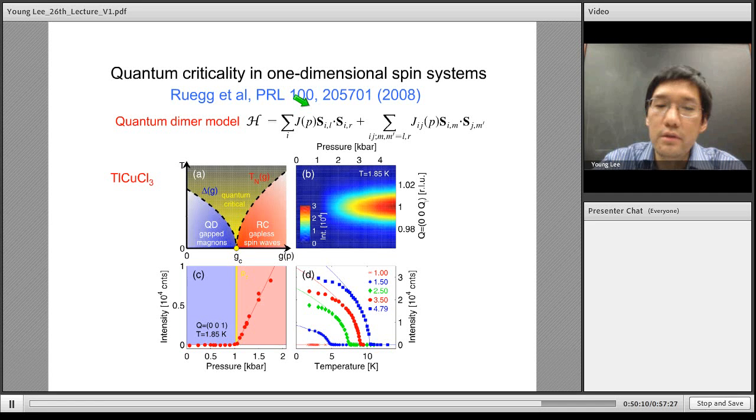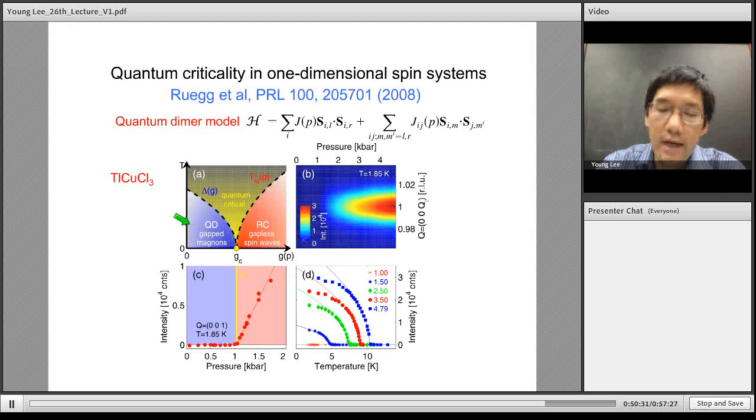And so the low temperature, low field phase is going to be shown here in this phase diagram. You have a quantum disordered state, so there is no magnetic ordering because you essentially have singlets on these dimers. So you have gaps to your excitations.